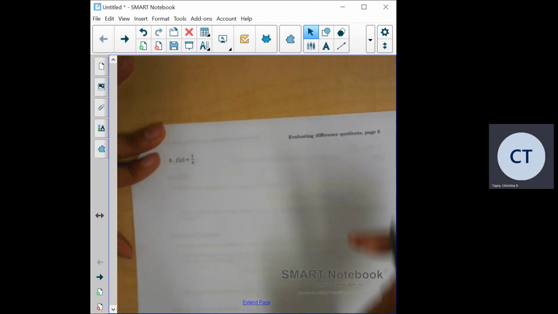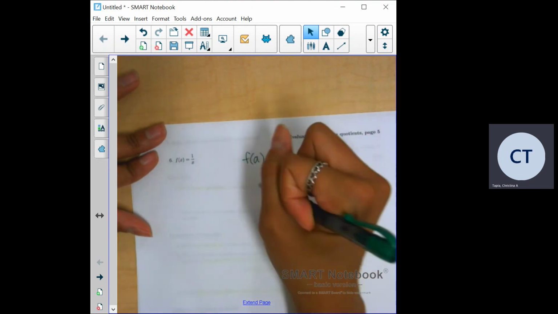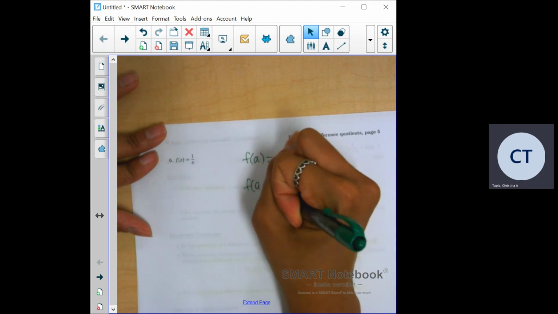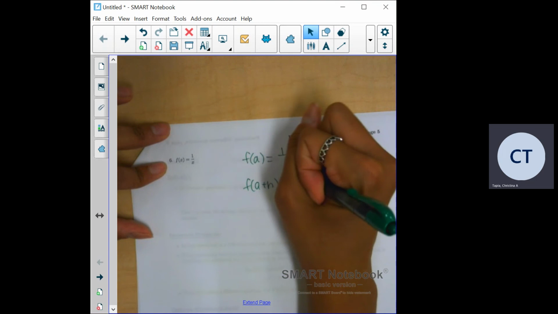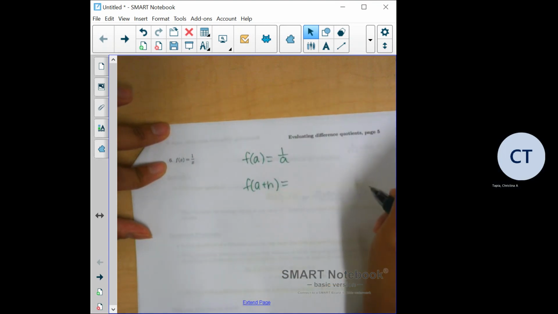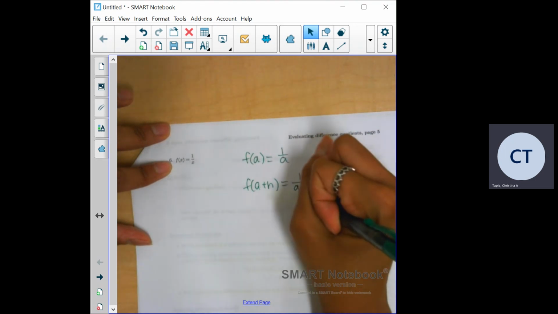For number 6, we still need to find f of a, or you can use f of x, and we still need to find f of a plus h. Okay, well, f of a is just 1 over a. I hope we can agree on that. And for f of a plus h, I'm going to make this 1 over a plus h.